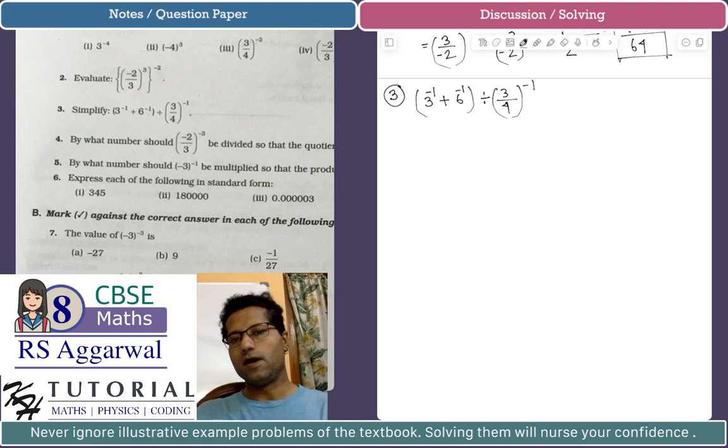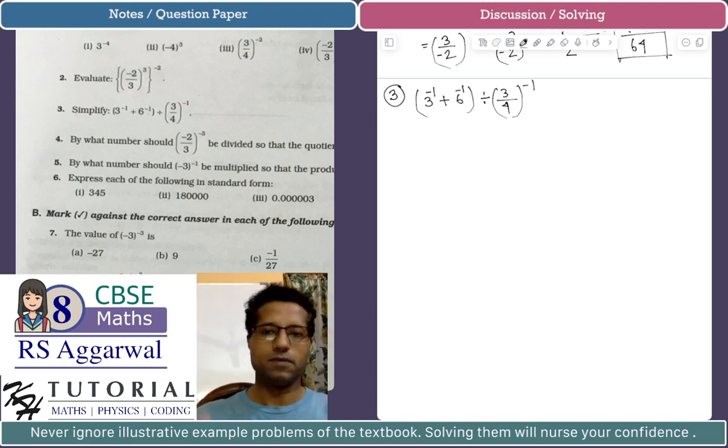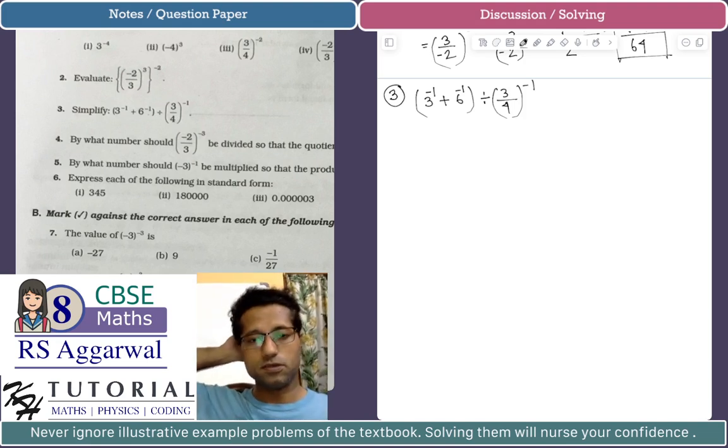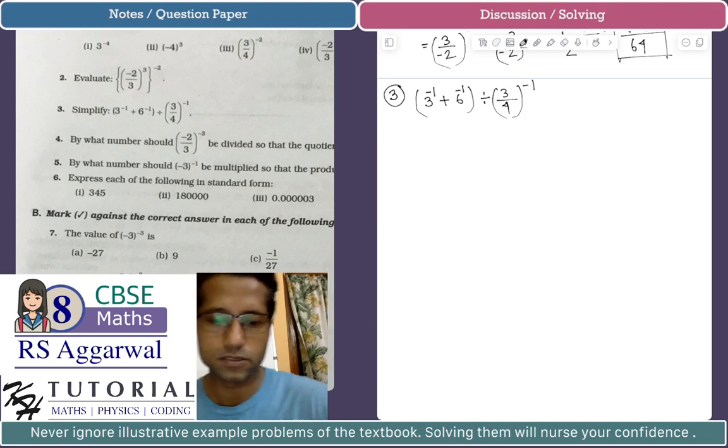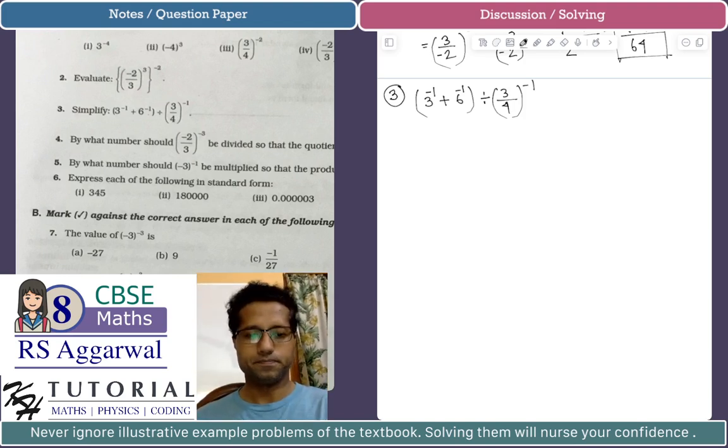Now, whenever you have a sum or subtraction of some exponential numbers, you have to individually convert the exponential numbers into rational form. Then only you can perform the addition and subtraction.